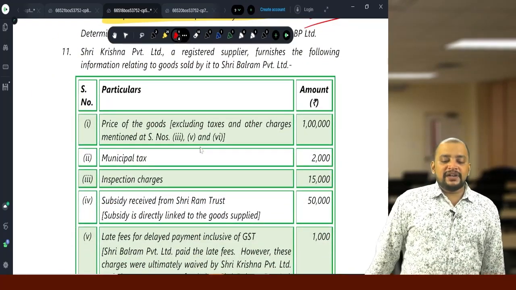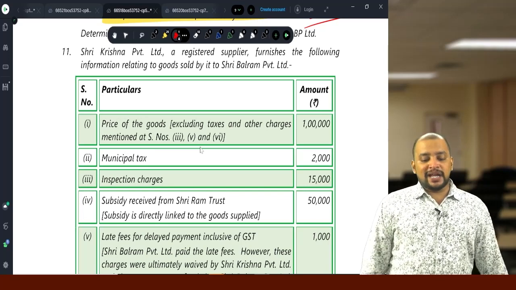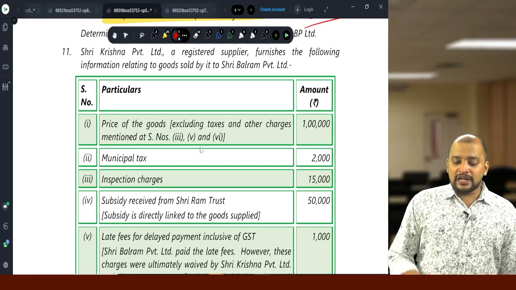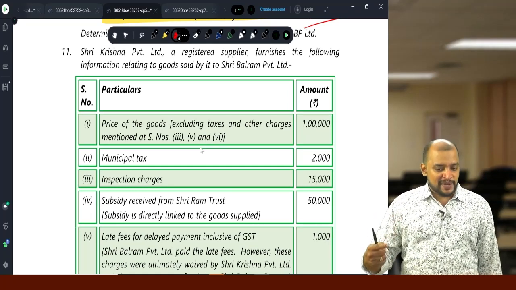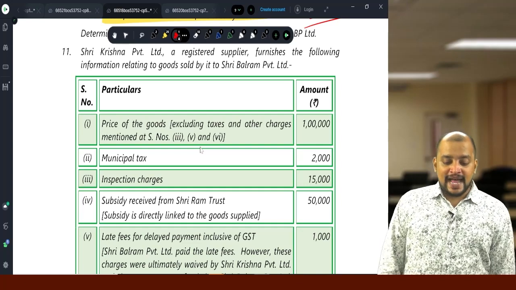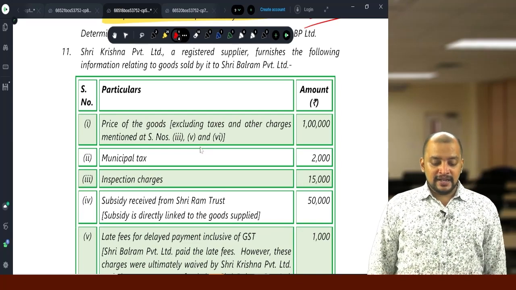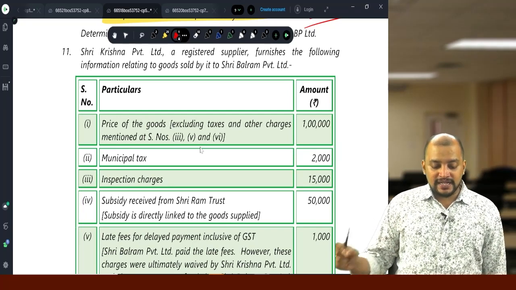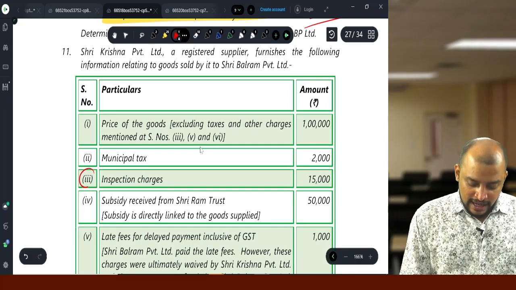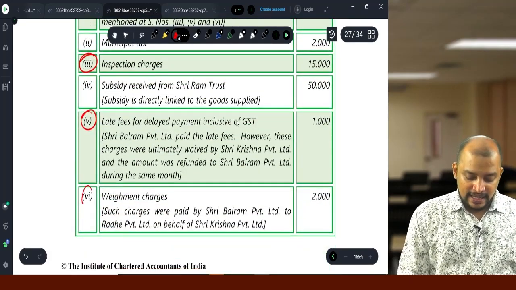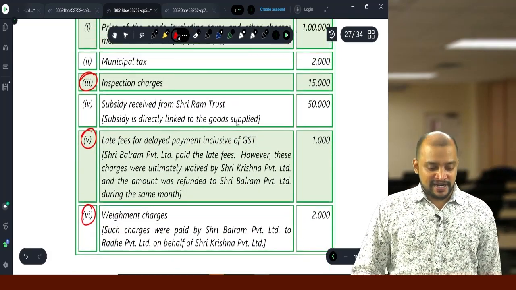Shri Krishna Private Limited, a registered supplier, furnishes the following information relating to goods sold by it to Shri Balram Private Limited. Price of the goods excluding taxes and other charges mentioned at serial number 3, 5, 6. So this 3, 5 and 6 are excluded in the given price.